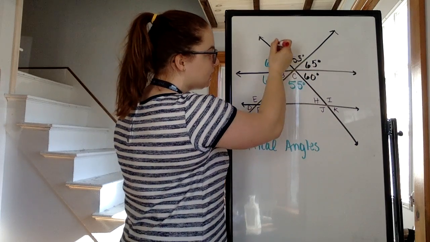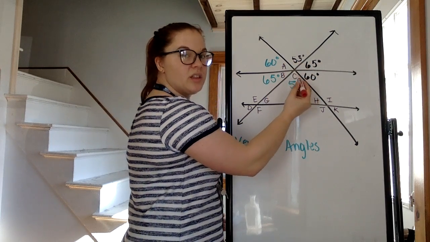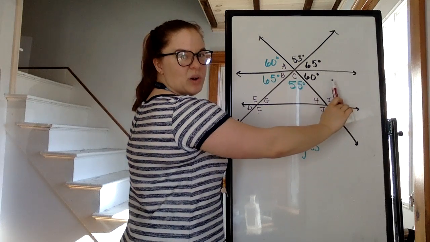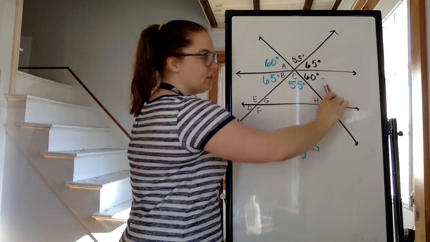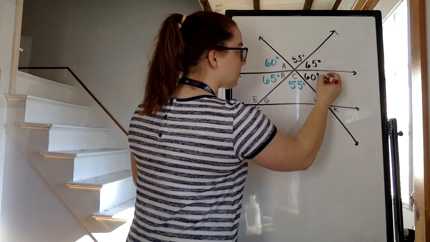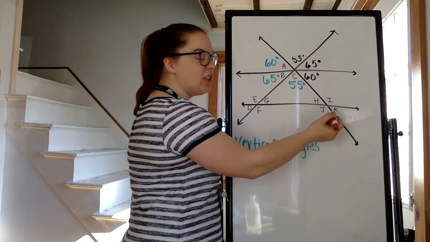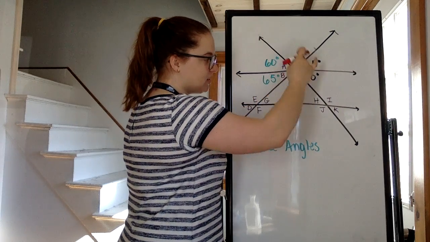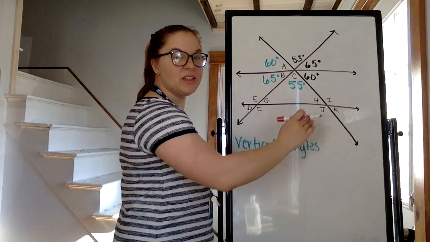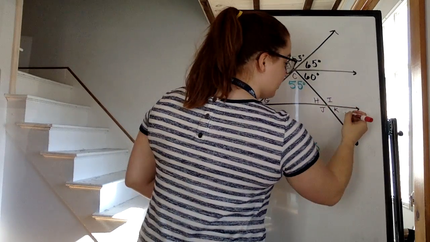And I can see that the lower right hand of this transversal is 60 degrees. So I know K, the lower right hand of this transversal, uses the same transversal and the parallel lines. This is also going to be 60 degrees.